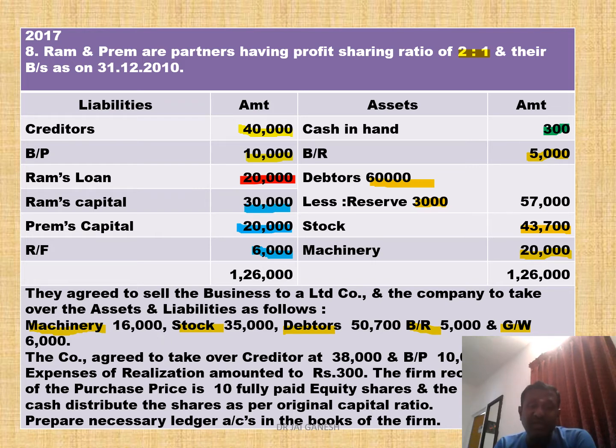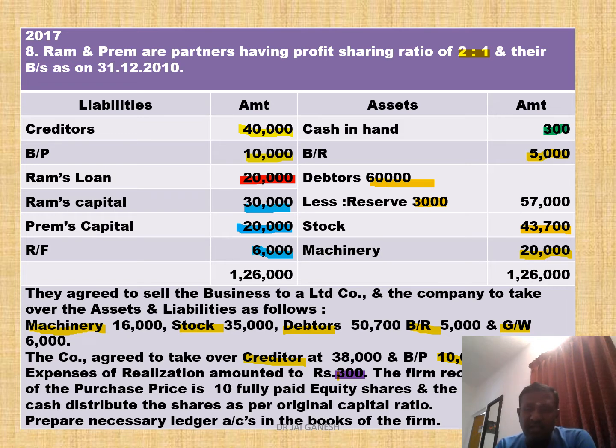The company agreed to take over creditors at 38,000, and BP is also taken over at 10,000. So both the liabilities are taken over by the company. The expenses of realization come to 300. So take the realization expenses to the debit side of realization account, debit all expenses and losses.